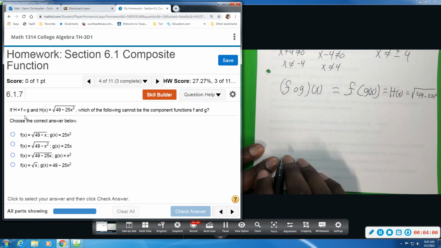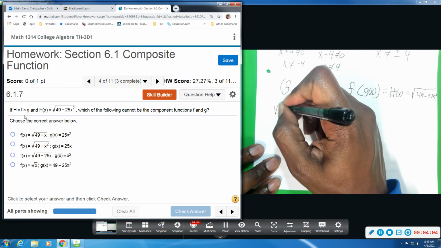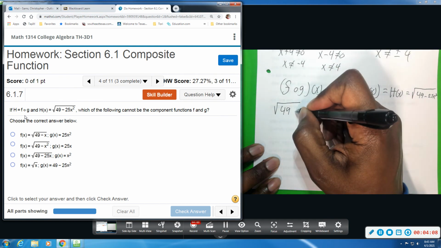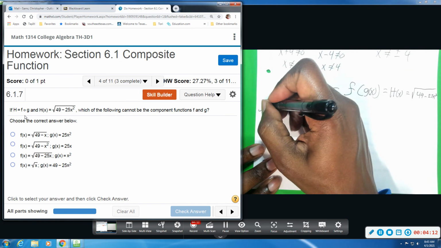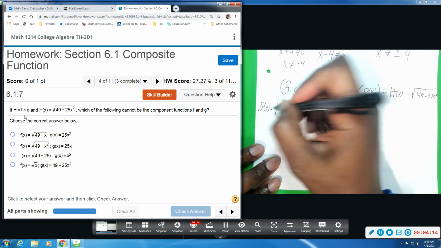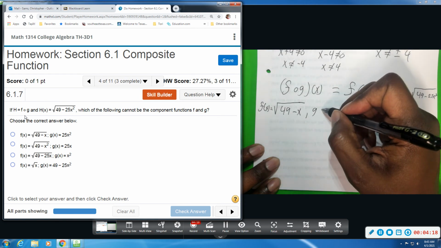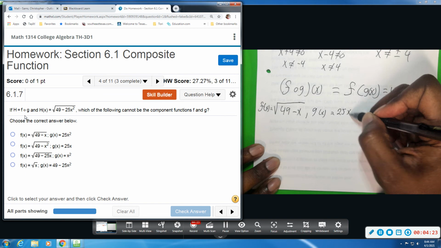Okay, so if we have f being the square root, so option A, 49 minus x, this is f, and then g is 25x squared.